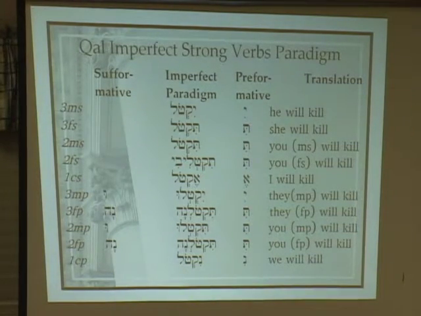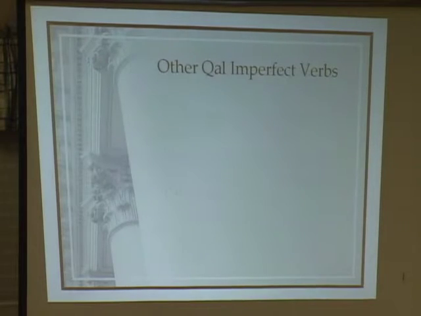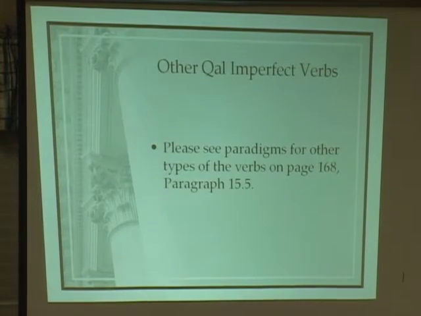Of course, for the other verbs, it might not be as clear as for this one. There are other types, such as geminative and so on and so forth. You can see a paradigm on page 168 for the remainder of the verbs in the same type. I mean, that's not all the verbs that are in the same type, but similar to it. Paragraph 55.